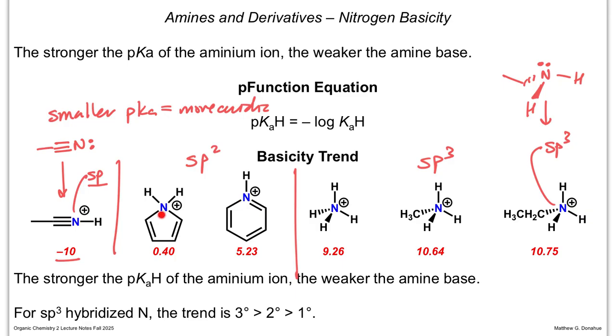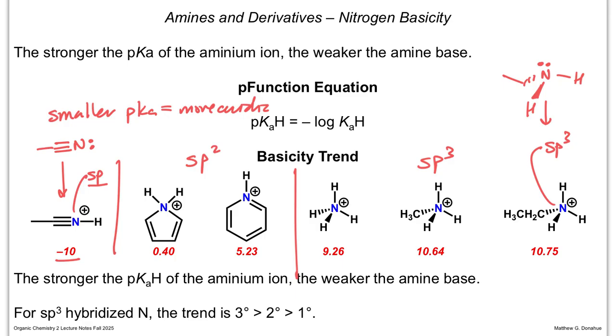Then here it's not, because it's in the p orbital. So that's a stronger acid, which means that the starting compound pyrrole is a weaker base. And since this is a weaker acid, the starting pyridine is a stronger base.